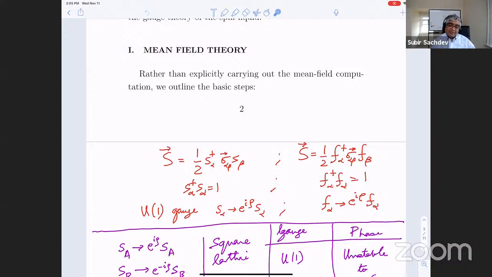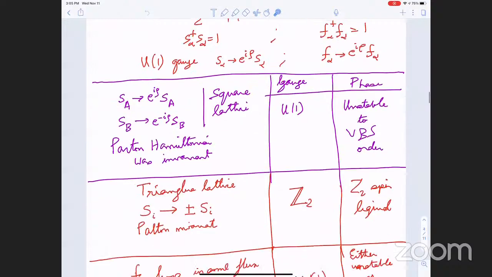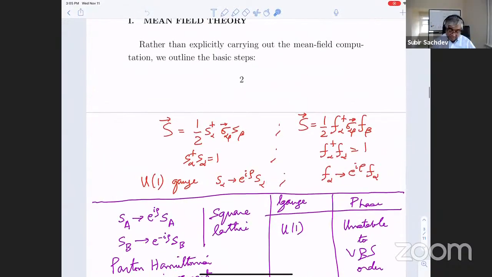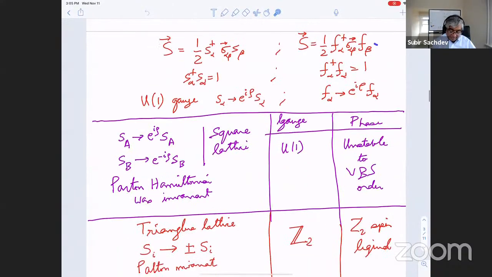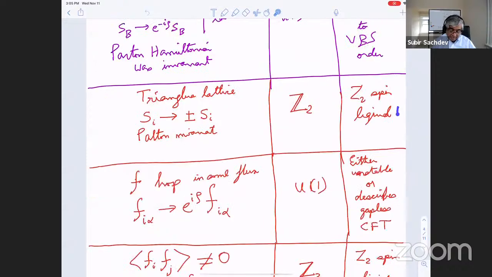So basically you try to use different representations because they give you rather different saddle points. That is, their mean field theories at the mean field level are rather different. But if you treated it more exactly, you should be able to get it from either side. Now, there's one exception, where we can get the same answer from either approach, and that's the case of the Z2 spin liquid.